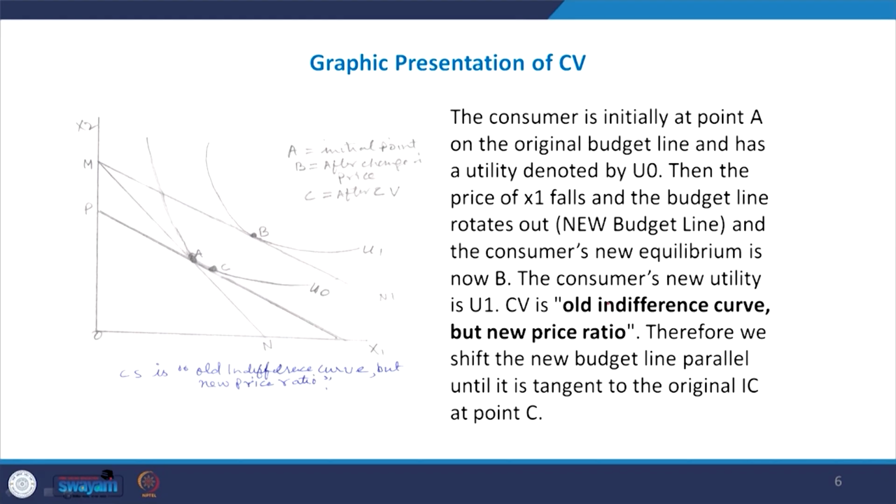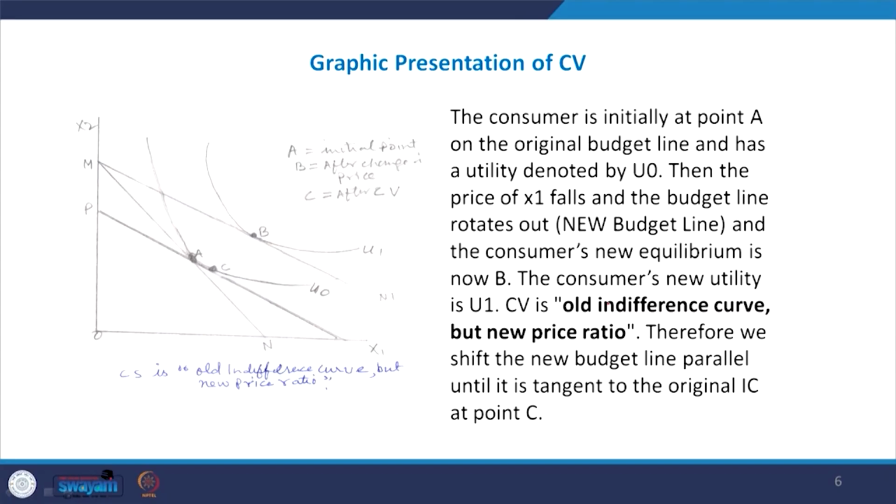So, obviously when the price of the product falls, the consumer's welfare increases, and the consumer reaches a higher level of satisfaction. Now, if you want to keep the consumer neither worse off nor better off, then what do you have to do?